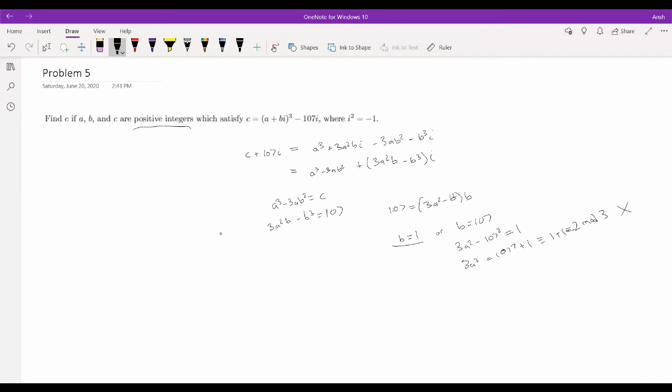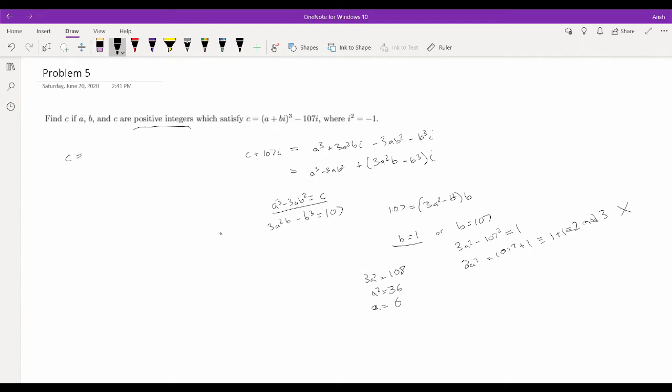And this would give us that 3a squared equals 108. That means a squared is equal to 108 over 3, which is 36, which has the solution a equal to 6. And note again how we only have one solution. -6 is not valid since we know a is a positive integer. So plugging this back in, we know that a is equal to 6 and b is equal to 1.